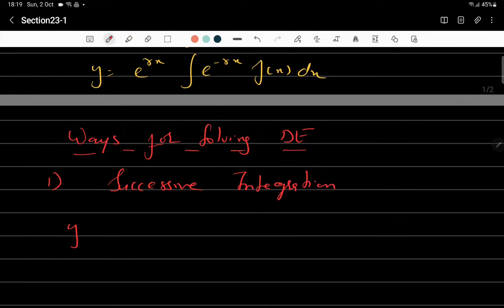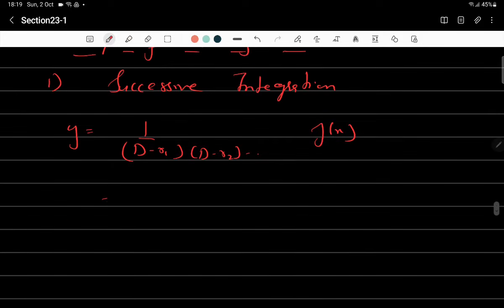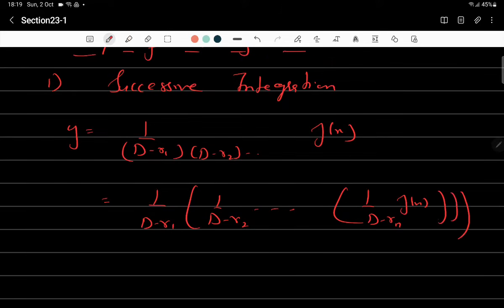What it suggests is that if I have P of D of the form D minus r1, D minus r2 and so on, and f of x, then I must consider one at a time: D minus r1, then bracket 1, D minus r2 and so on, up to D minus rn, acting on f of x. Very simple technique.